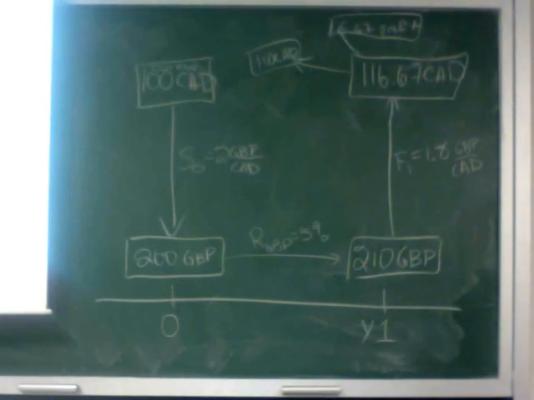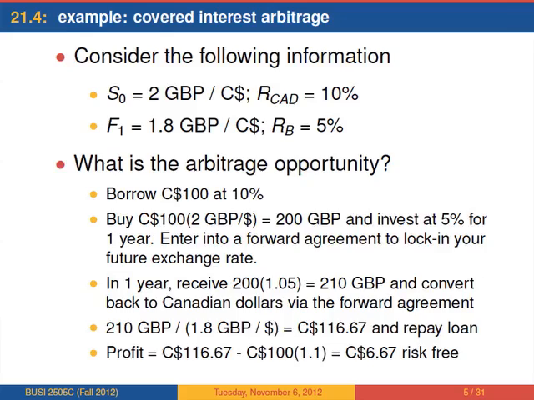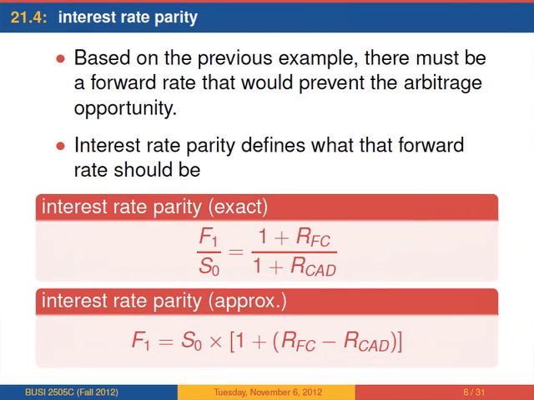And that gives an argument. The exact argument is that the ratio of the forward price to the spot price should be the ratio of the interest rates.